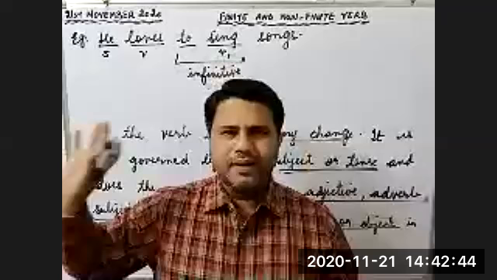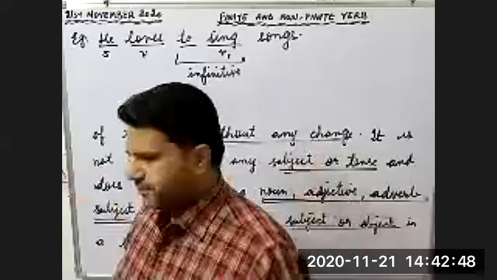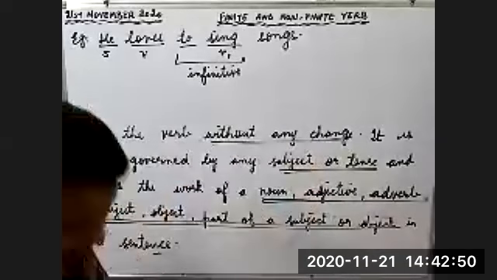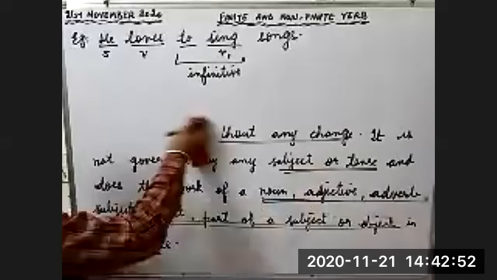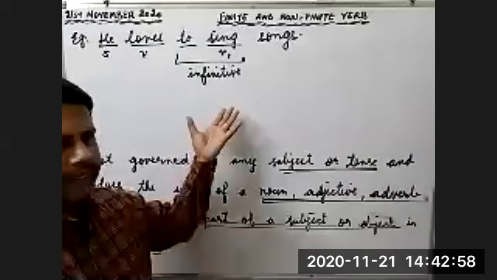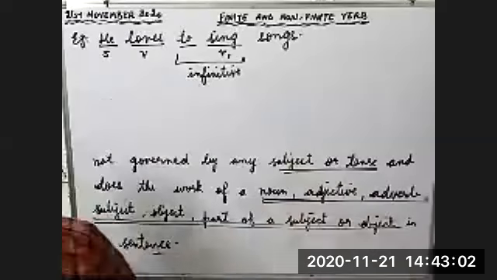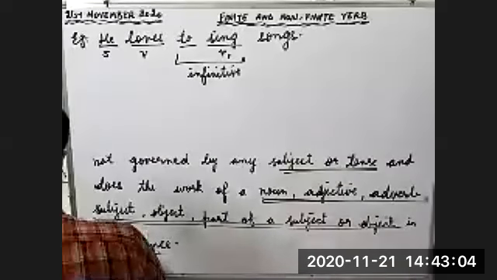It will not change with the change in the subject or object, and it is not governed by any tense also. This is the first example of infinitive. This is to infinitive.